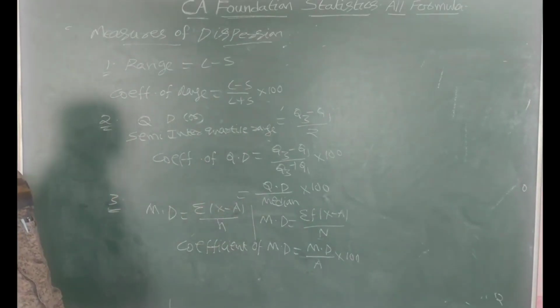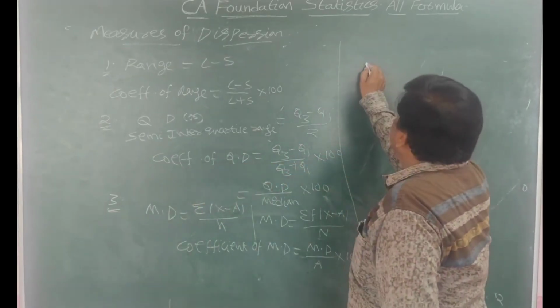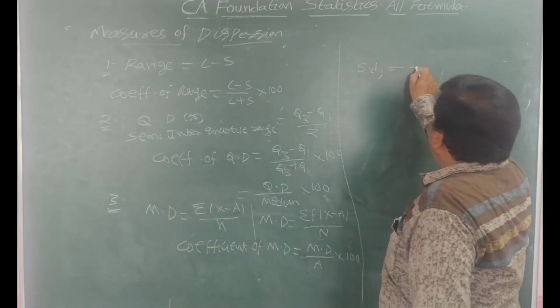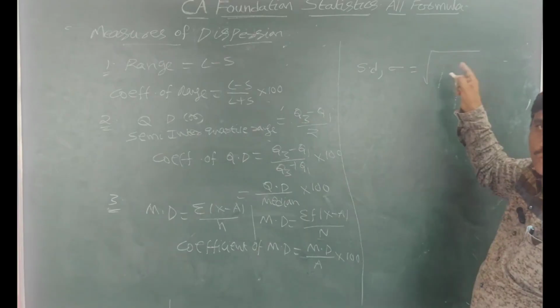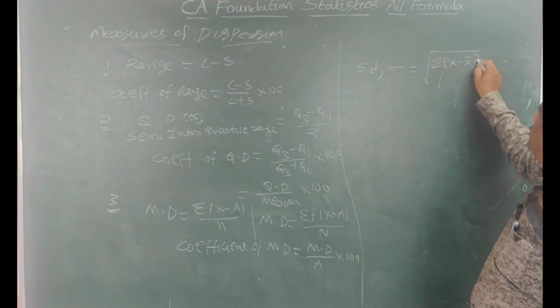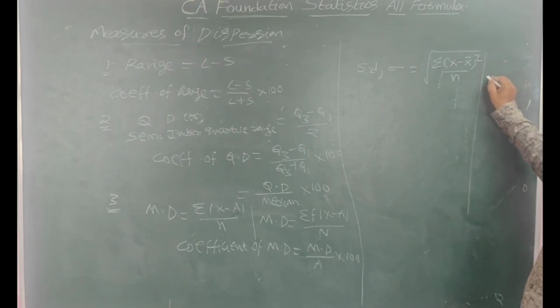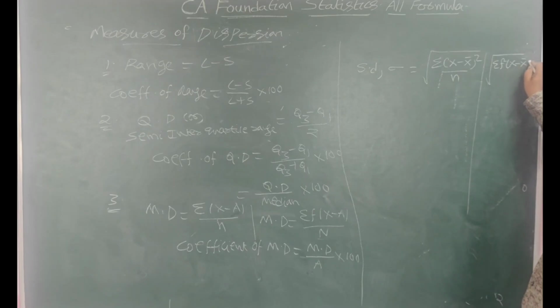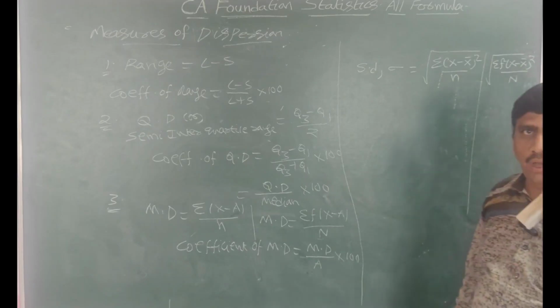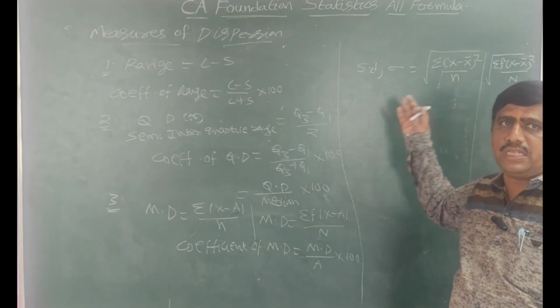And coming to the next measure, standard deviation, SD. For an individual series, the formula is the square root of summation x minus x bar whole square by small n. If it is frequencies, square root of summation f into x minus x bar whole square by capital N. If you remember the formula of mean, you can automatically remember mean deviation and standard deviation.